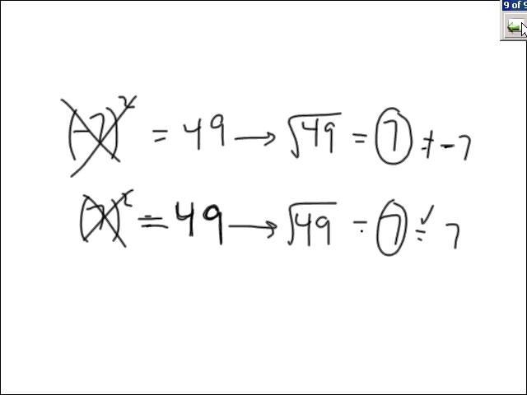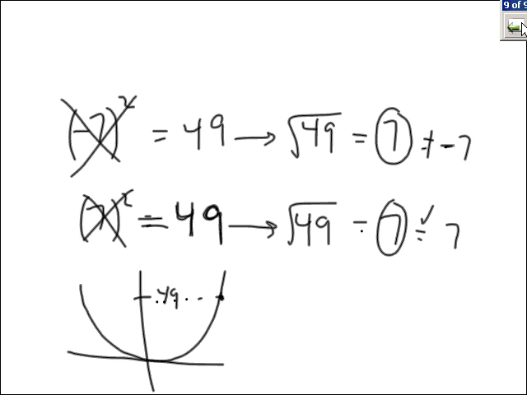Okay? And the reason is, if you look at the graph of x squared, if you go to 49, it equals 49 2 times. It equals 49 when x is negative 7, and the y value equals 49 when x is plus 7.